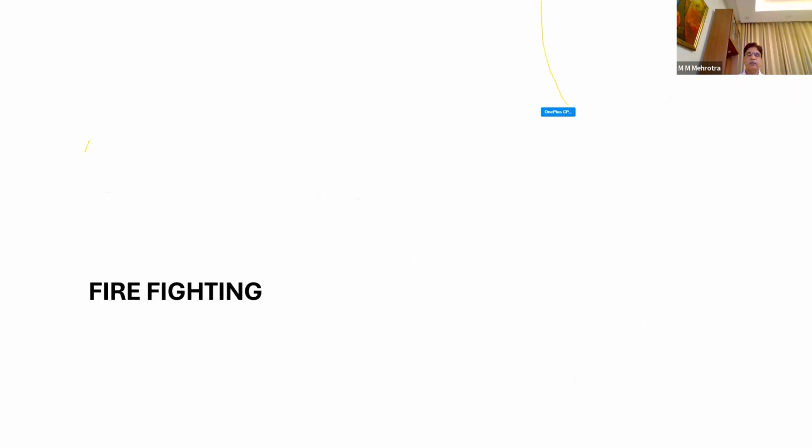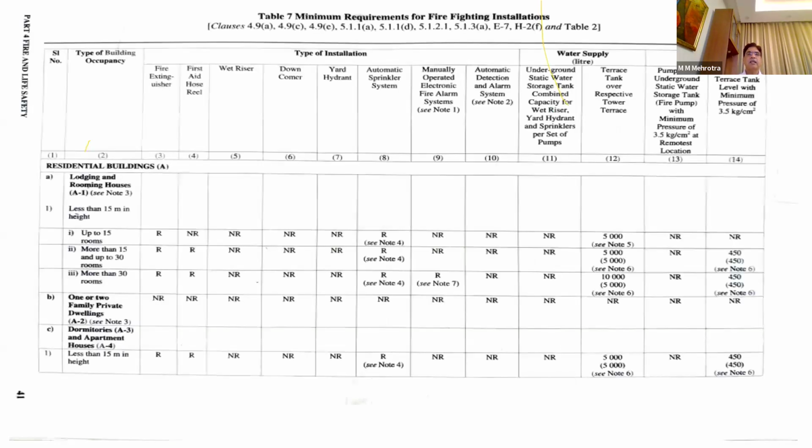Next, we come to firefighting. This is a table I have taken from the IS code. It gives different kinds of buildings and what kind of arrangement will be there. There are fire extinguishers, fire hose reel; these things will come.